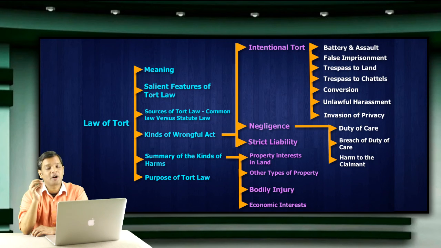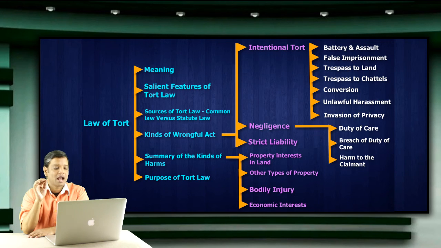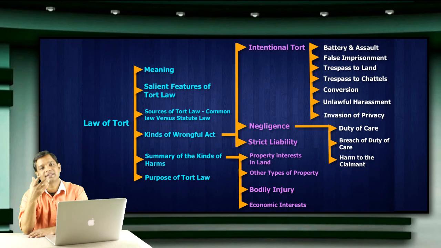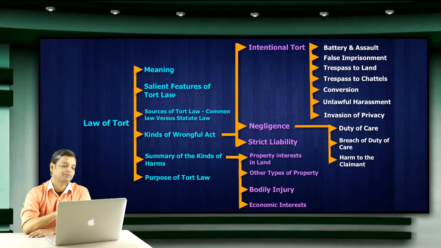It may be movable property, that is chattel. And the third type of harm is bodily injury, and the fourth one, the last one, is economic interests. If something happened that damaged your business, that is economic interest. Because of someone's action you suffered some economic loss.